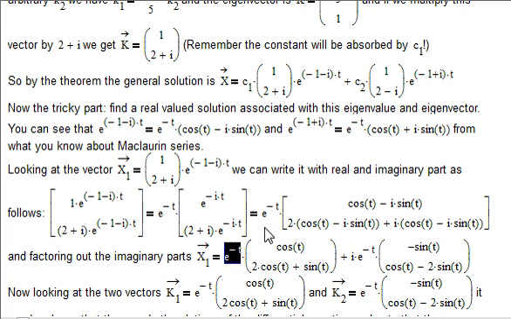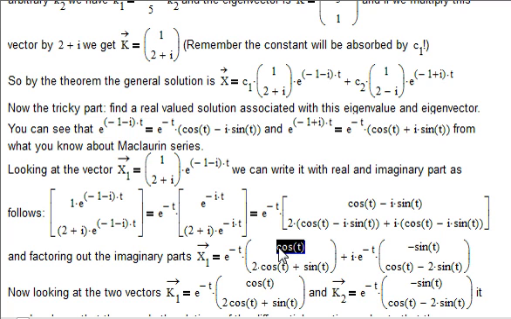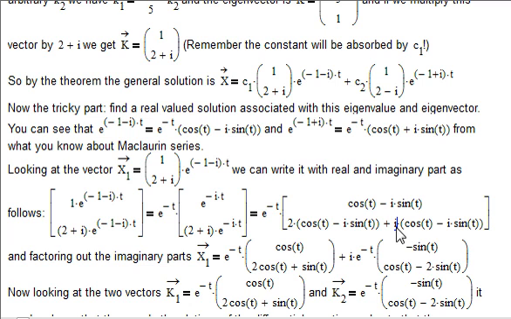x1 is e to the negative t, of course, from here, and then we're going to separate the real part and the imaginary part. The real part is cosine of t here, and for the second slot we'll have 2 cosine of t, and then be careful to notice that this i times this negative i is negative i squared, which is positive 1, times this sine of t, so plus sine of t.